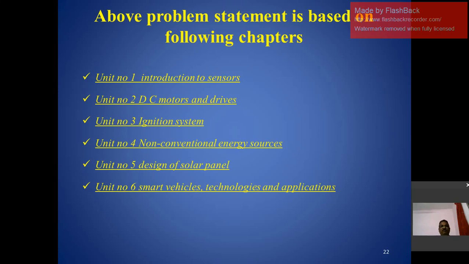Chapter number 1 is introduction to sensors. Chapter number 2, DC motors and drives. Then unit number 3, ignition system. Unit number 4, non-conventional energy sources. Then unit number 5, design of solar panel. And unit number 6, smart vehicles technologies and applications.